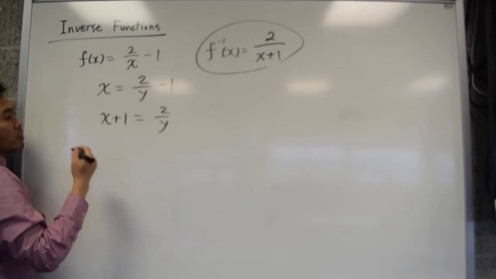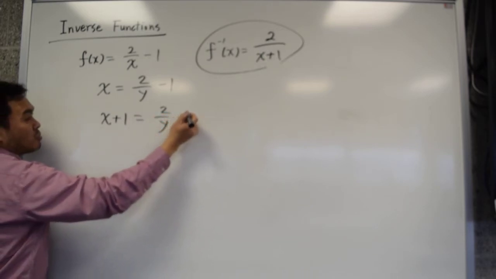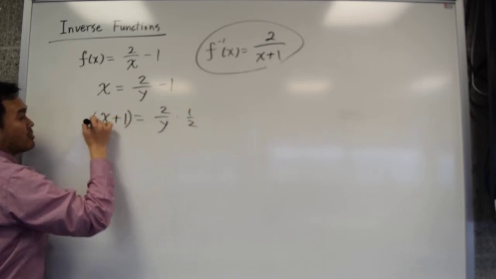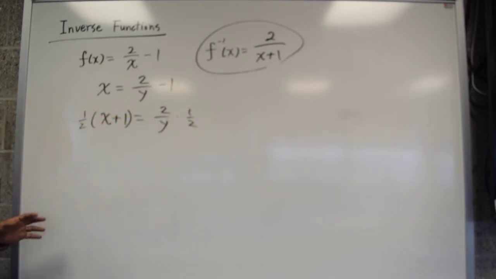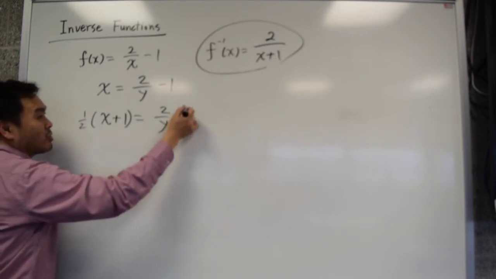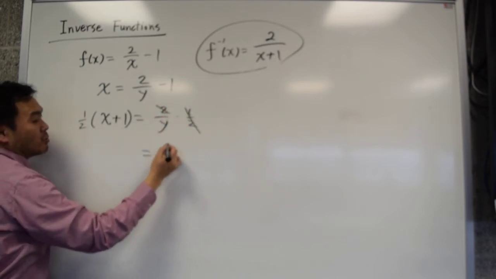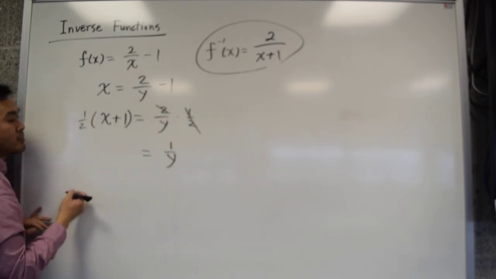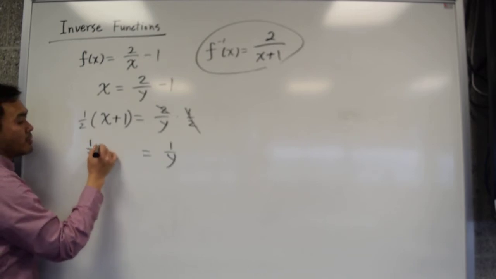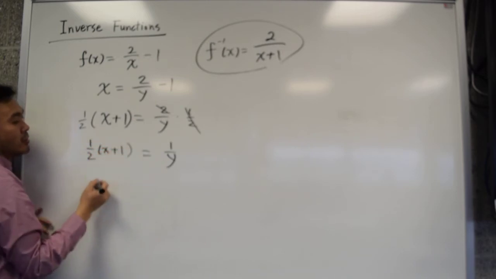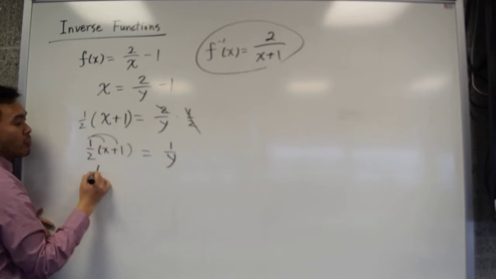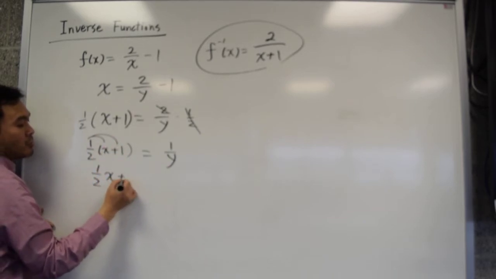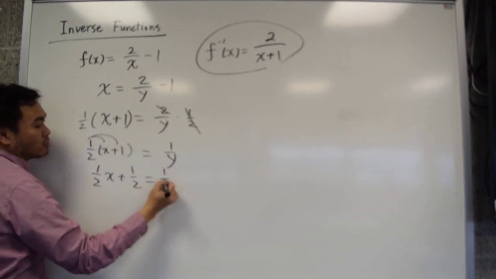Now, you could opt to multiply by 1/2 both sides. What happens if you do that? This 1/2 and 2 cancel, and you get 1 over y equals 1/2 times (x plus 1). And then you multiply this out, so you have 1/2 x plus 1/2 equals 1 over y.